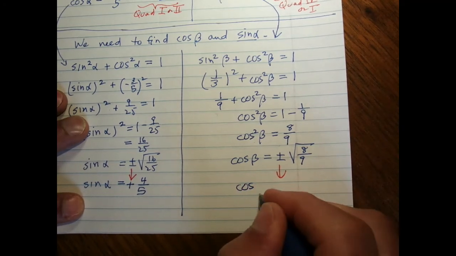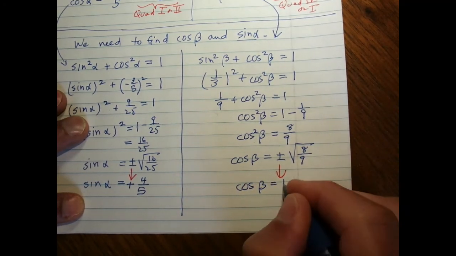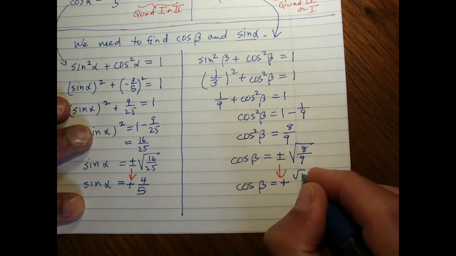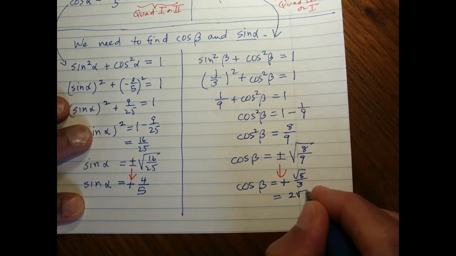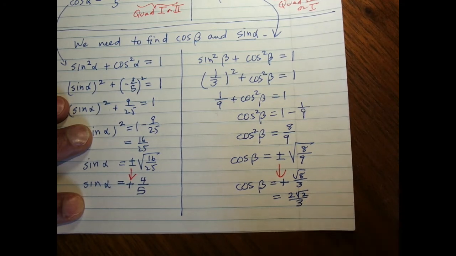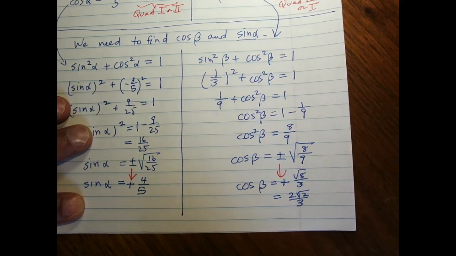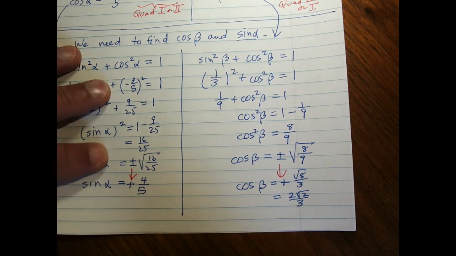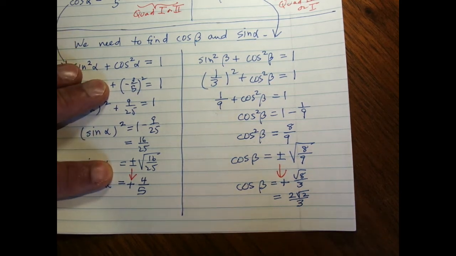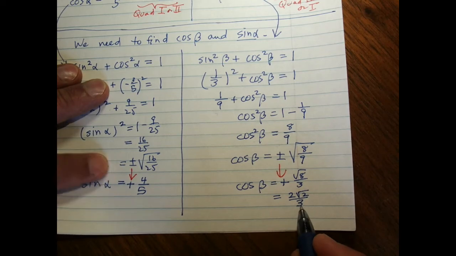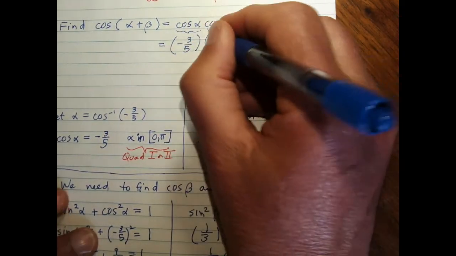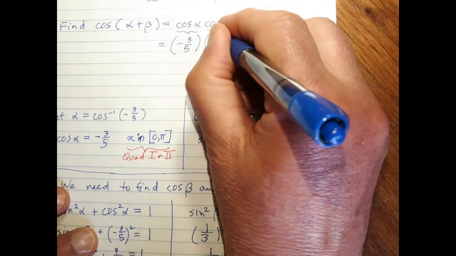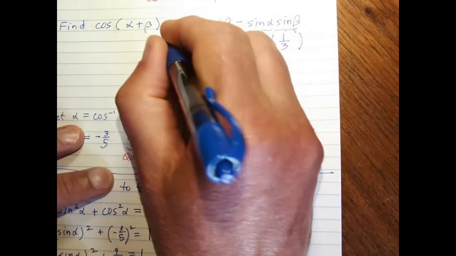Cosine is positive in quadrant 1 or 4, so we have a positive square root of 8/9, and we can simplify that to 2 square root of 2/3 as cosine of beta, because square root of 8 is 2 square root of 2. And so I'm going to take my value, plug it in up above, 2 square root of 2/3.